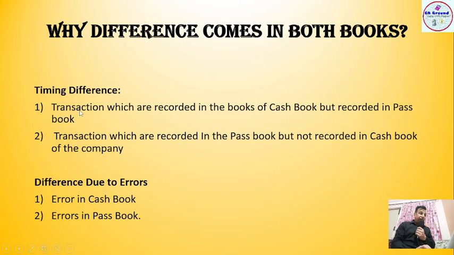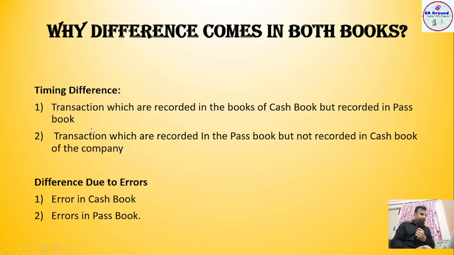Why? There are some entries which are recorded in the passbook, that means the bank statement, which are not recorded in the cash book. So that means not 100% of entries are cross-checked with each other, and there is a difference.